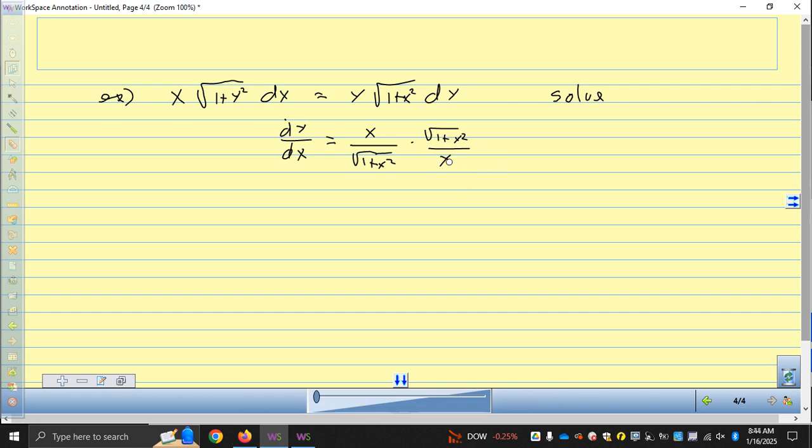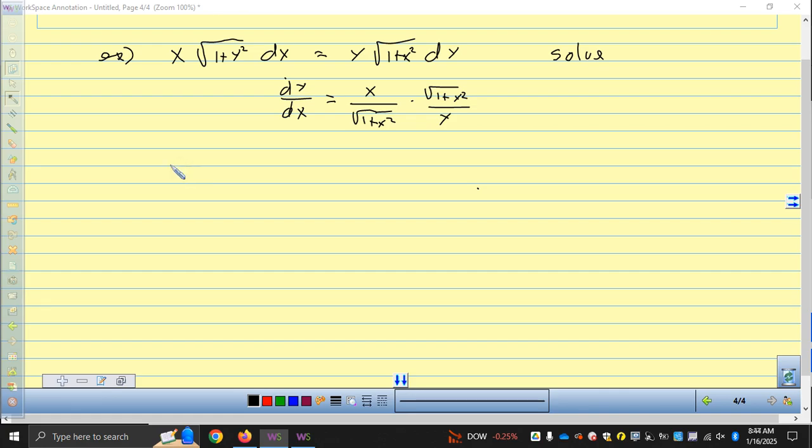We could rewrite it like that. So I can write y over the square root of 1 plus y squared dy equals x over the square root of 1 plus x squared dx.